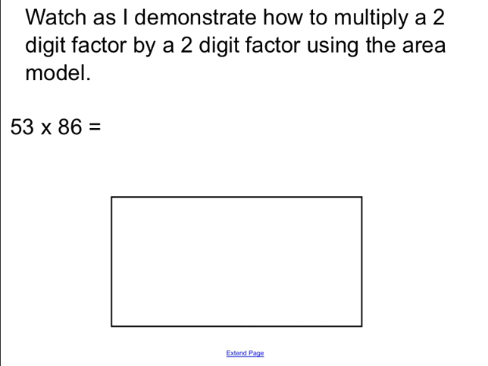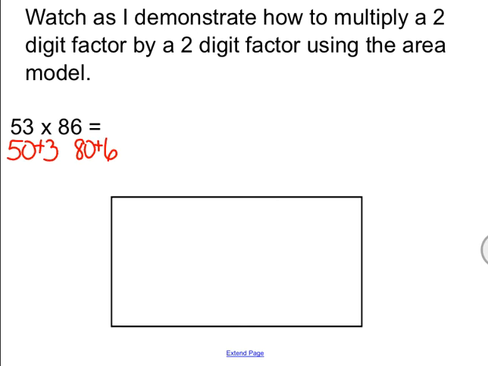Now we have 2 digits that need to be put into expanded form. So, first step, put both factors in expanded form. So 53 is 50 plus 3, and 86 is 80 plus 6.